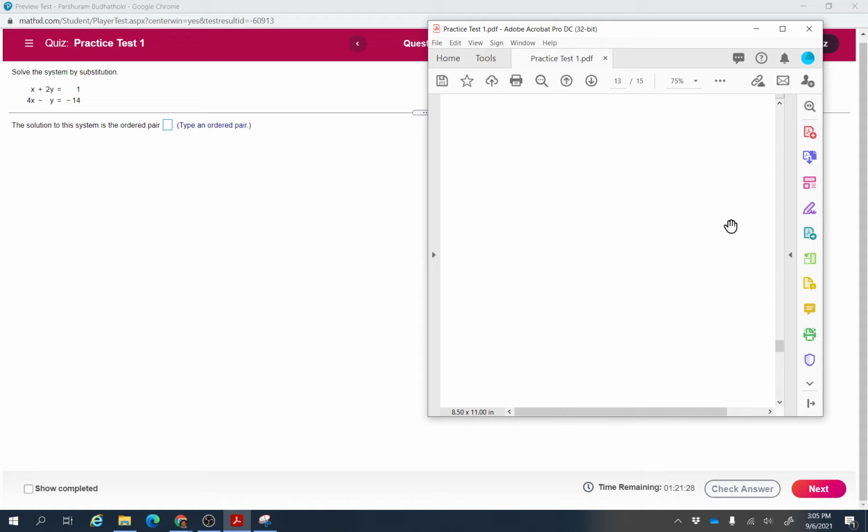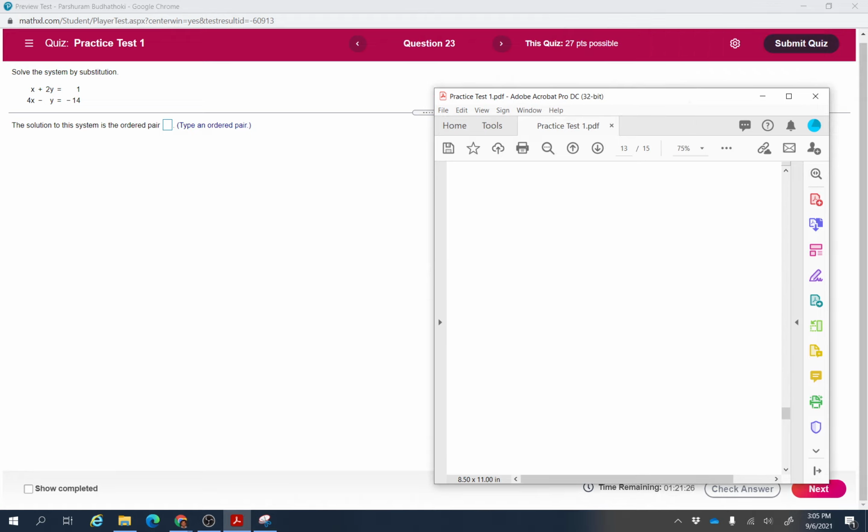There are two equations here, and this is problem 23. I'm going to start with the first equation, x plus 2y equal 1. I'm going to bring this 2y to the left side so that I can write down x in terms of y.